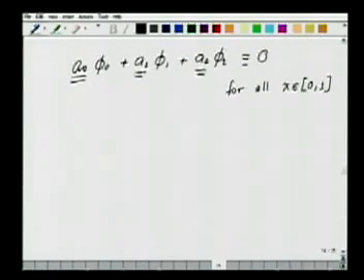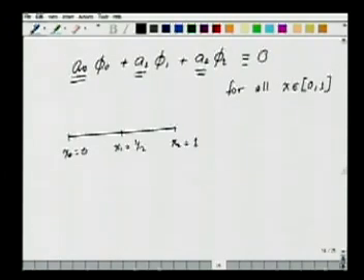Since this has to vanish at all points in the interval 0 to 1, let us take the three specific points x0, x1 and x2 that we have taken. They have to vanish there also. So x0 is equal to 0, x1 is equal to half, x2 is equal to 1. So what happens at the point x0?